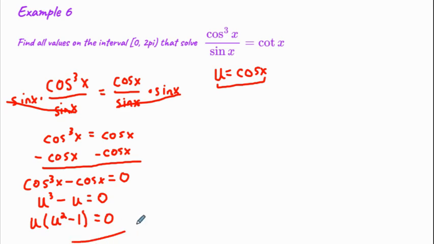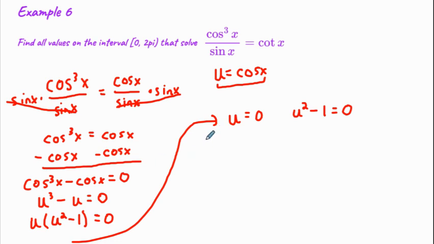And then I can use my zero product rule. u equals 0, and u squared minus 1 equals 0. All right, now let's bring back in cosine. The u substitution was just to demonstrate what we can do to factor this. It isn't a polynomial, but it behaves like a polynomial in solving the problem.